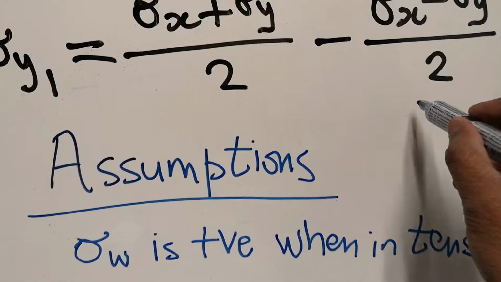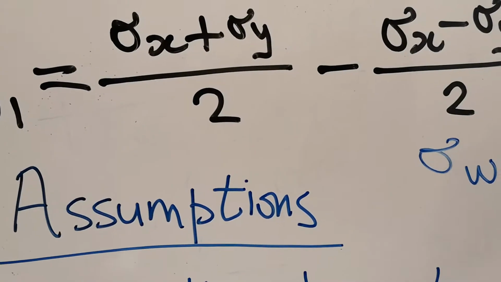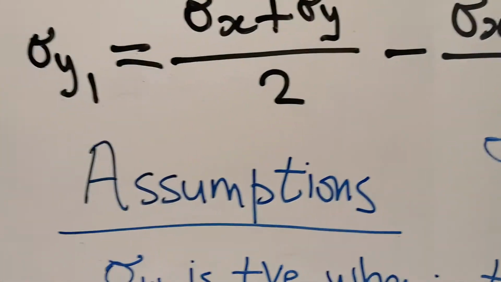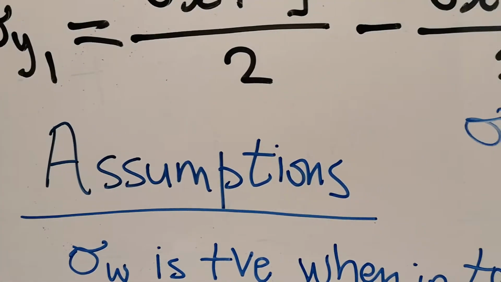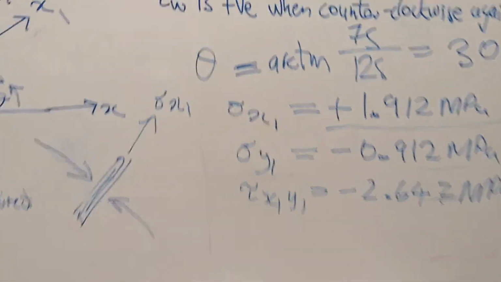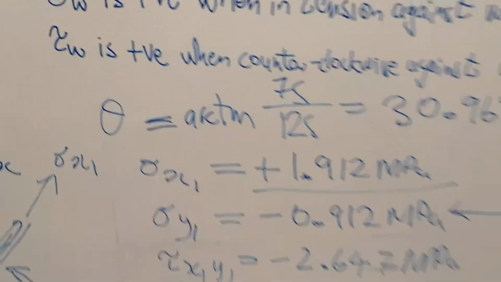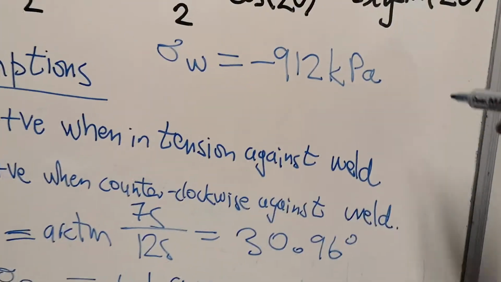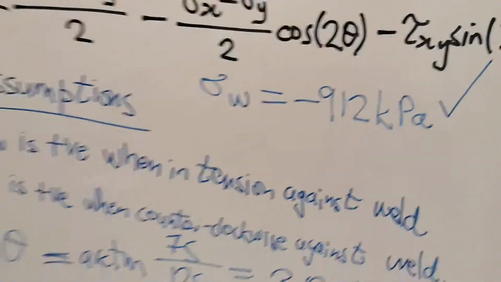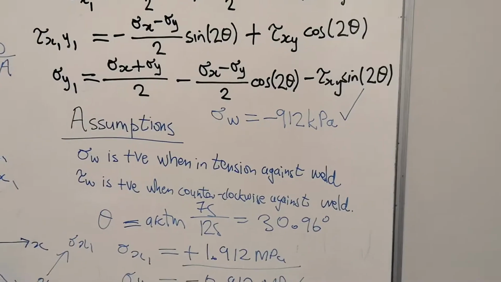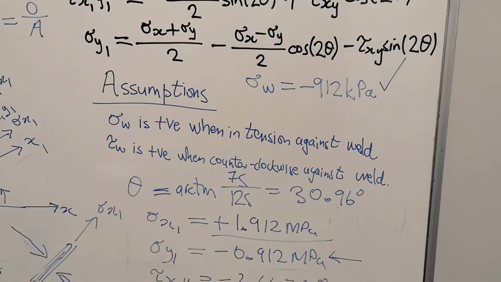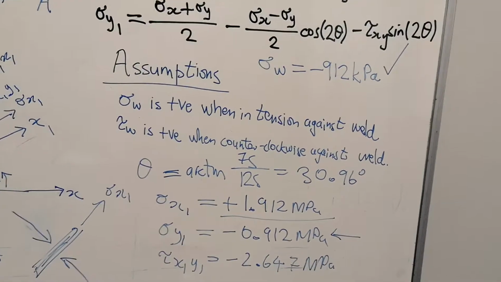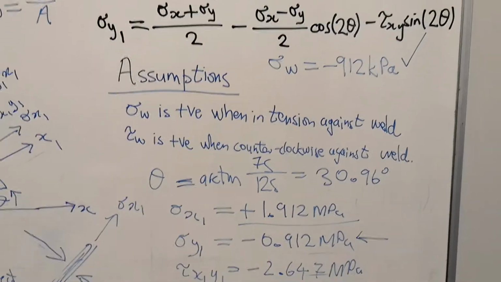Our answer is sigma W is minus 912 kilopascals. We're converting from megapascals to kilopascals to keep it consistent. That's the reason why you get a negative normal stress for your weld.